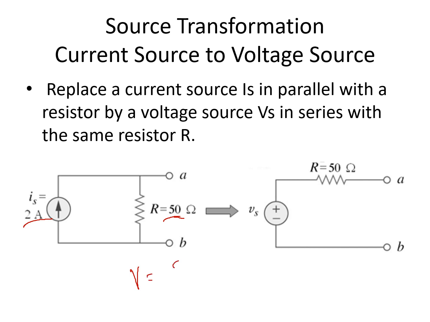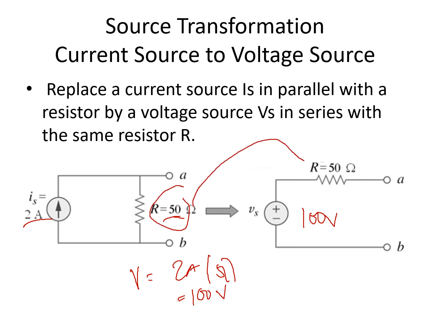The voltage is 2 amperes times 50 ohms, and that is 100 volts. So the Vs here is equivalent to 100 volts. And this parallel resistance, you just copy it, but this time they are connected in series. So 2 amperes in parallel with 50 ohms is equivalent to a 100 volt source in series with a 50 ohm resistor.